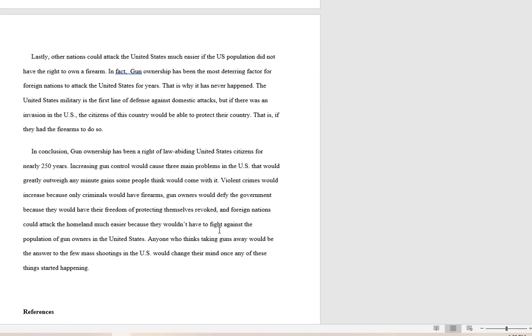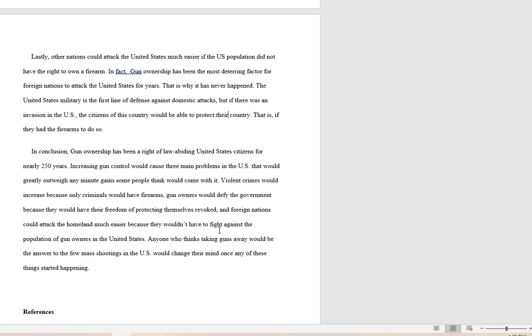In conclusion, gun ownership has been a right of law-abiding United States citizens for nearly 250 years. Increasing gun control would cause three main problems in the U.S. that would greatly outweigh any gains some people think would come with it. Violent crimes would increase because only criminals would have firearms.